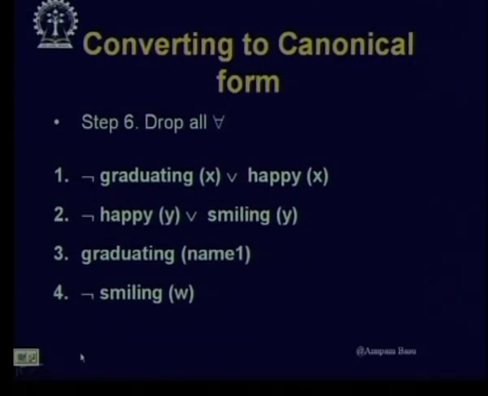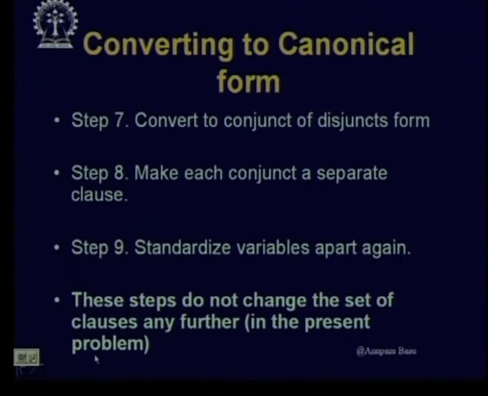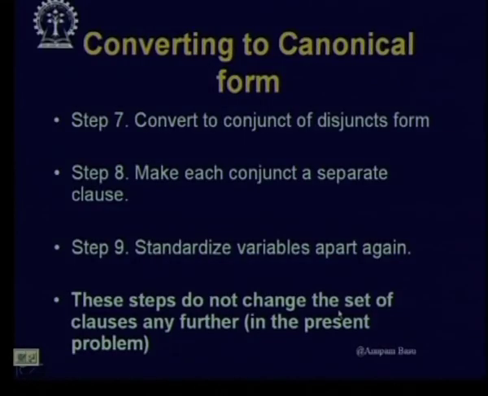So, after we have dropped all these quantifiers, we convert to conjunct of disjunct form and make each of these a separate clause, and we standardize variables apart again, so that each of these clauses will now have separate variables. These steps do not change the set of clauses in the present problem.